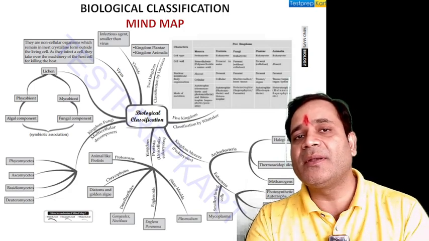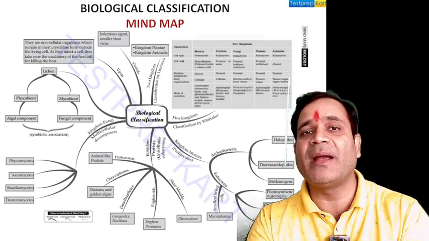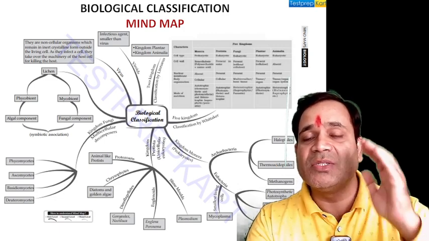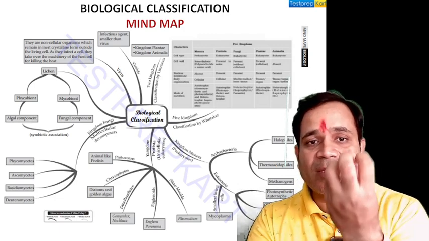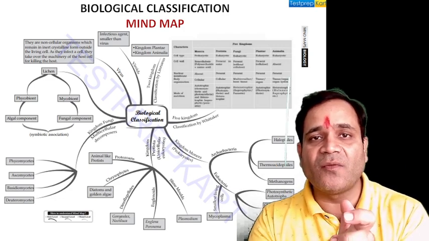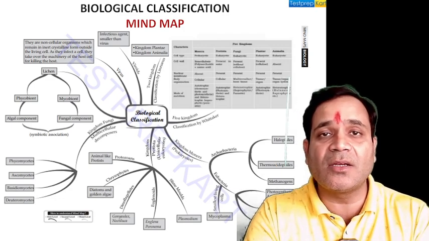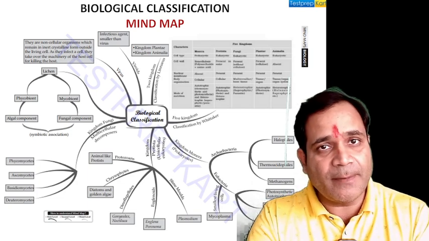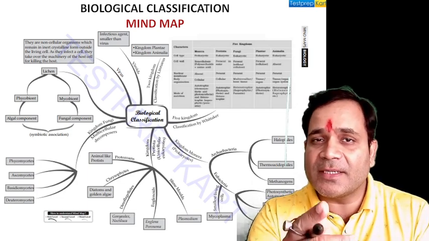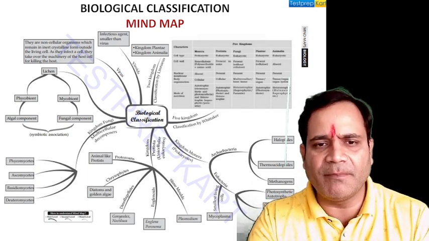Once you have completed your topic, then you go through the mind map, and it gives you short information, a quick revision of this chapter. Clear? So if you want a quick revision, just come with me.